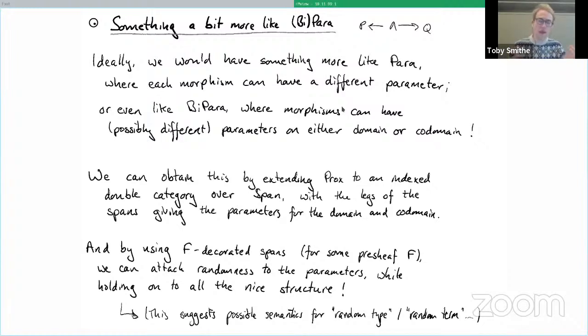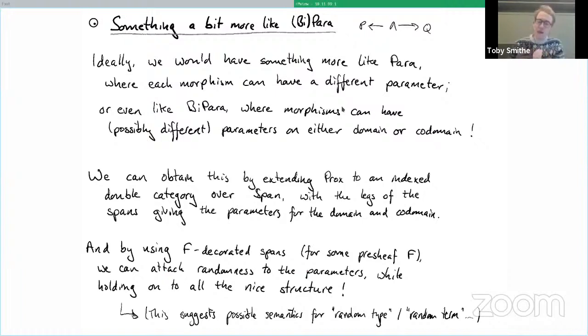And then if we've got spans, we might also think about decorated spans. In particular, we might decorate the apexes of the spans by, say, probability distributions. And then by taking this decorated span construction, and doing the same kind of prox construction over it, we can attach randomness to each of the parameters while holding on to all of the nice structure.